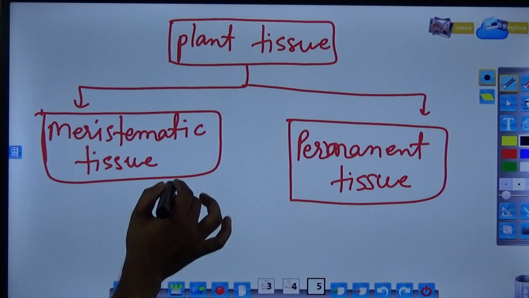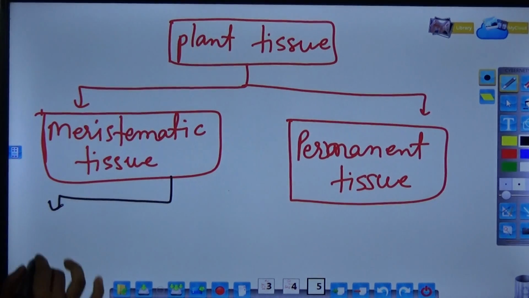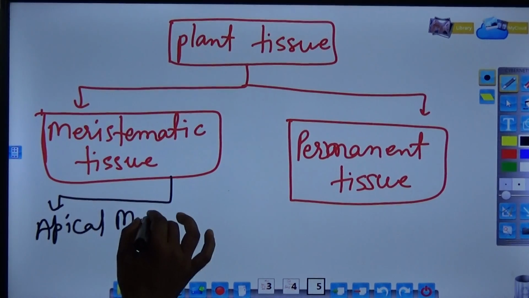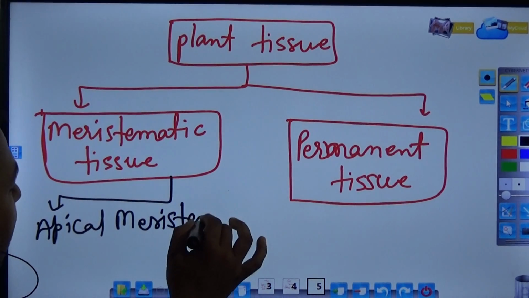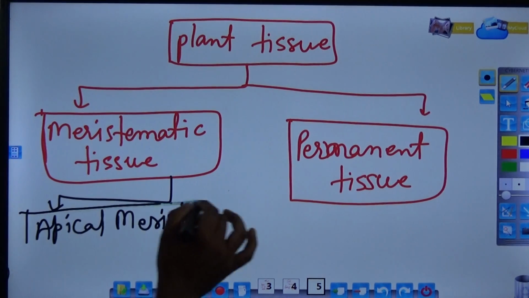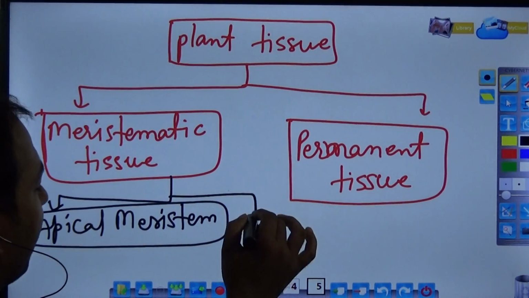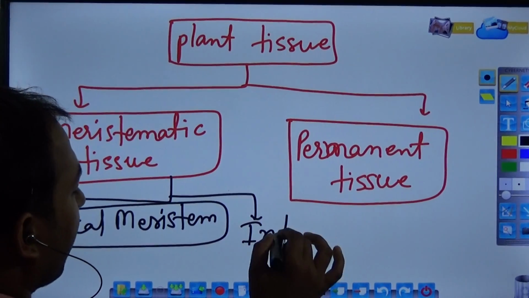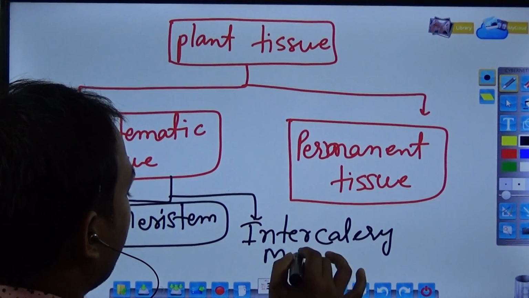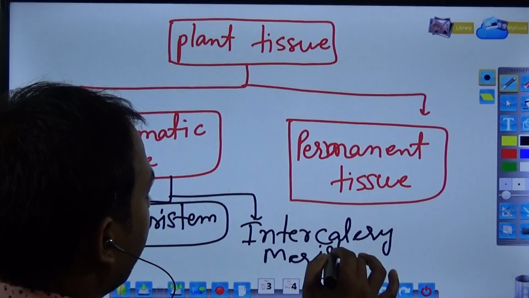Now meristematic tissue is divided into three parts: apical meristem. We can write only meristem, and also we can write meristematic tissue, but we can write apical meristem. And second, intercalary meristem.